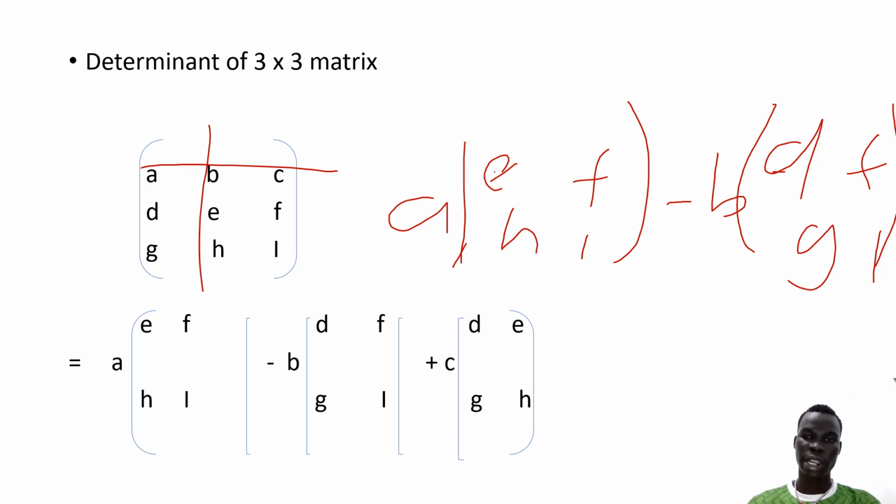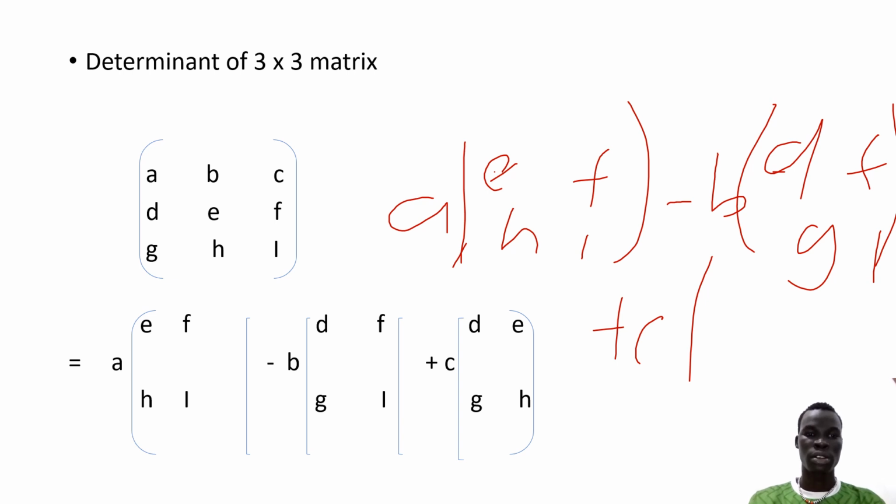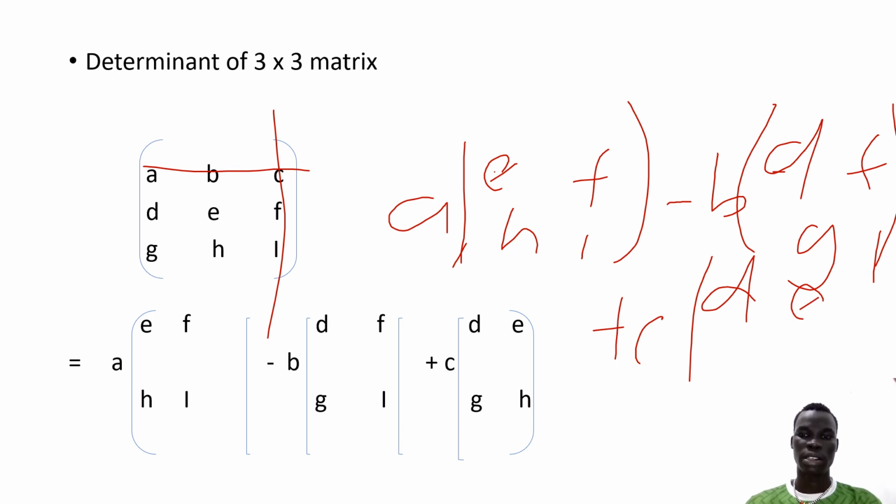Now we go next to plus C. How to find the C? You eliminate row 1 and column 3. Then the remaining is D, E, G, H. So that's how you can find it.